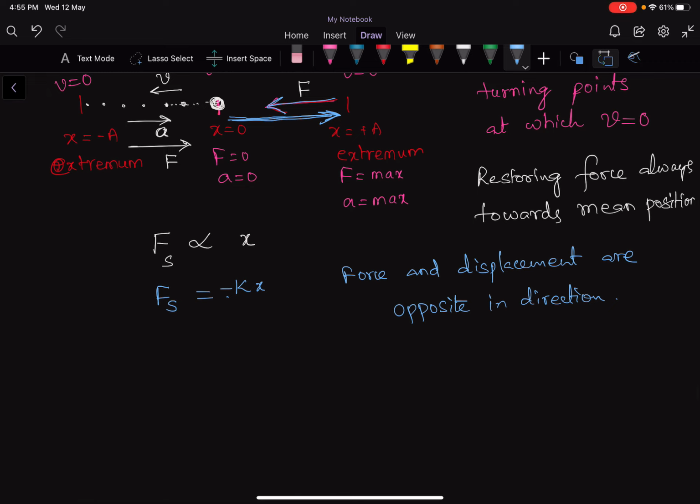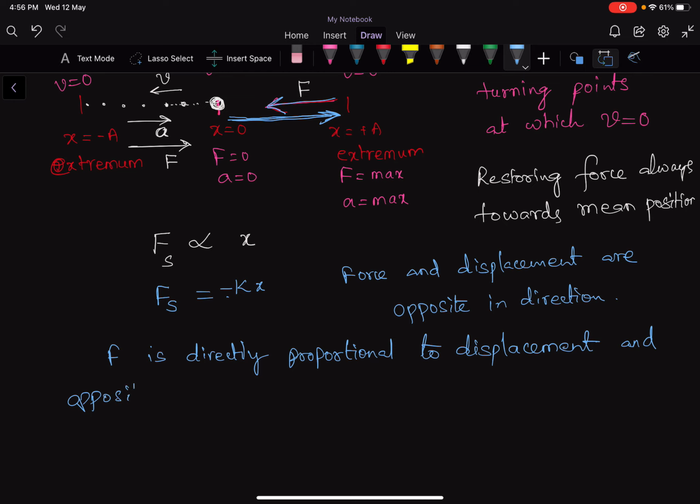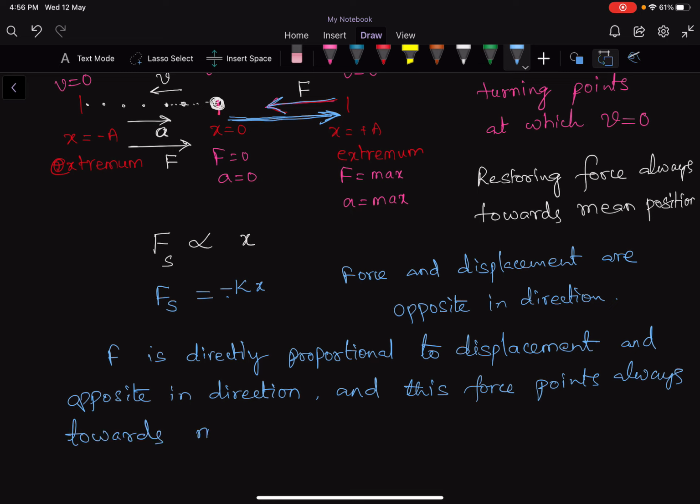So simple harmonic motion is nothing but motion in which force is directly proportional to displacement and opposite in direction, and this force always points towards the mean position.